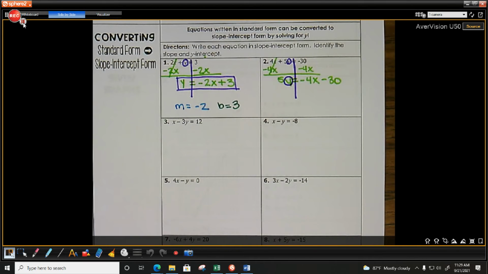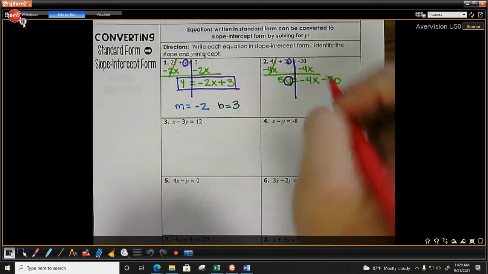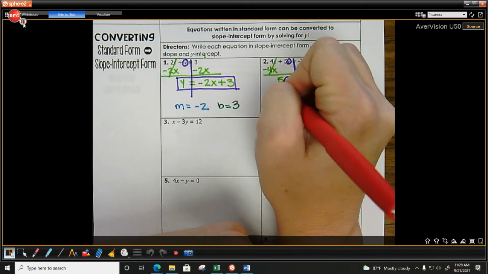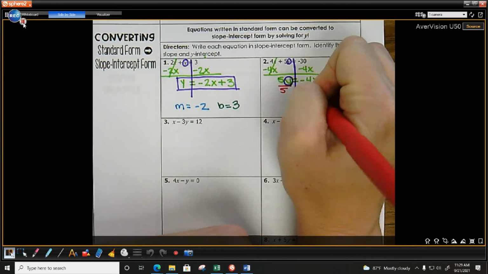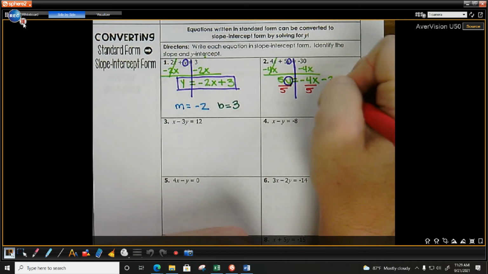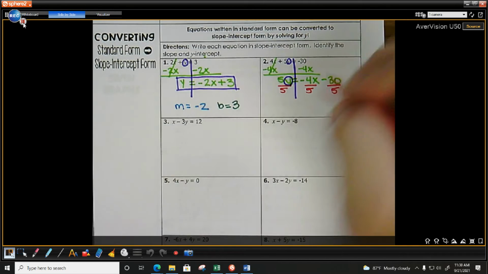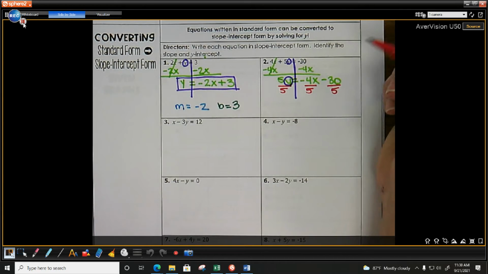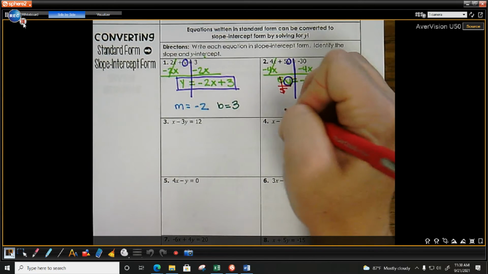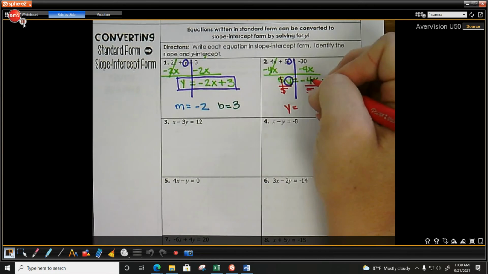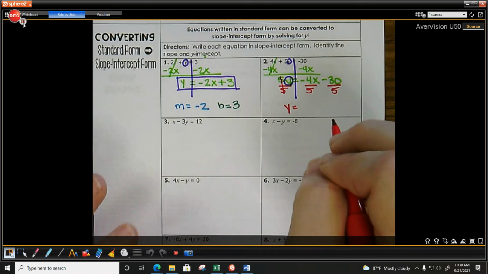So I'm going to divide every term by 5. So what happens with your 5 over 5? And I get y equals, can negative 4/5 simplify? Is 4 divisible by 5?